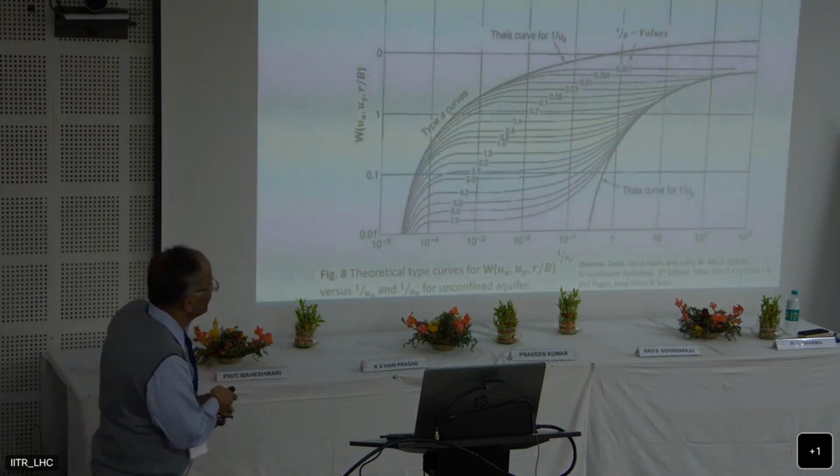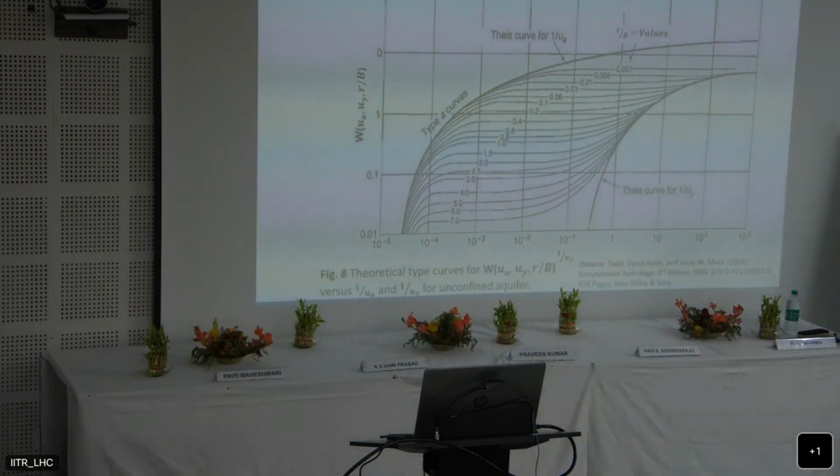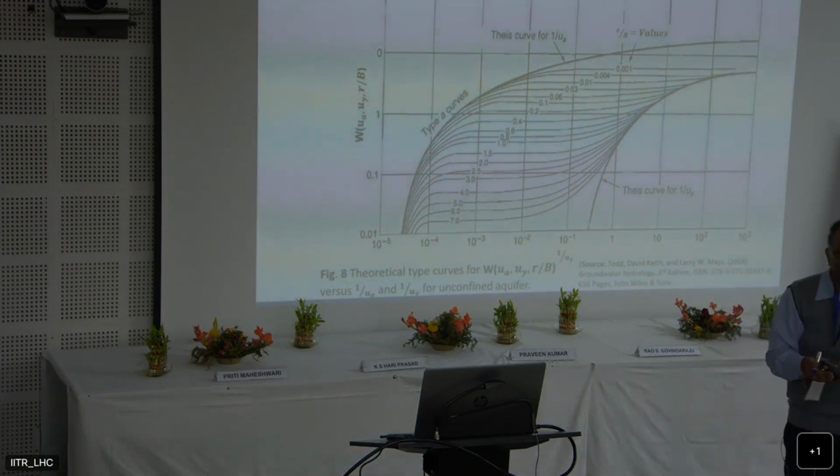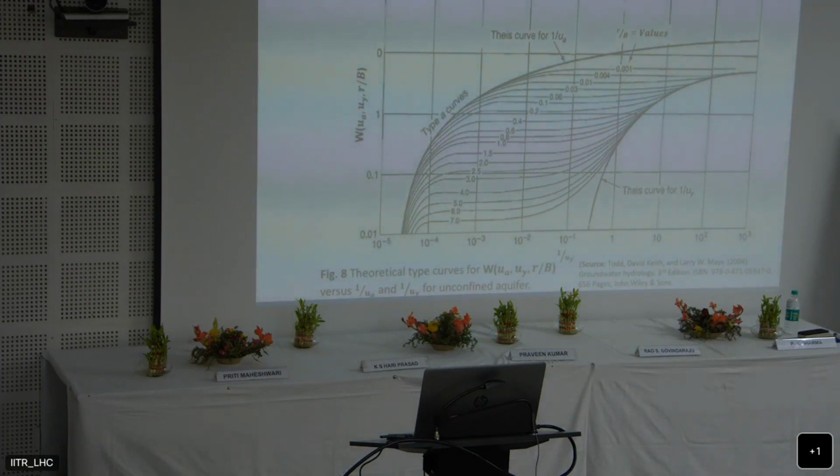So b is t divided by alpha times Sy, the square root of all that. Here this alpha is coming into picture.